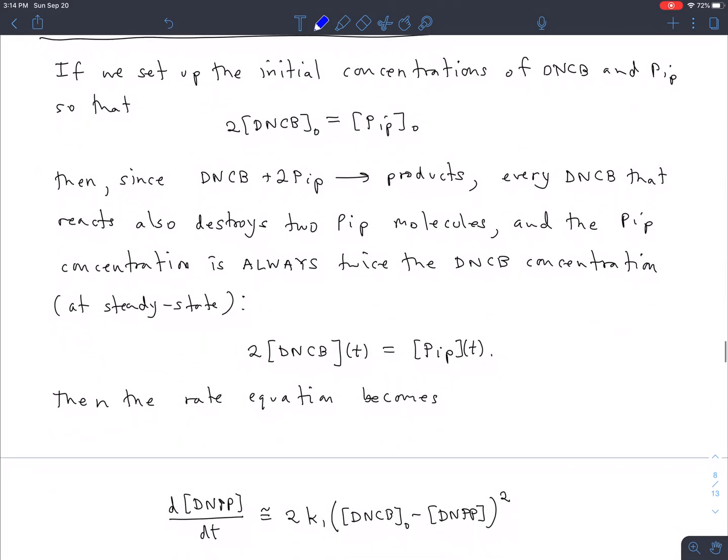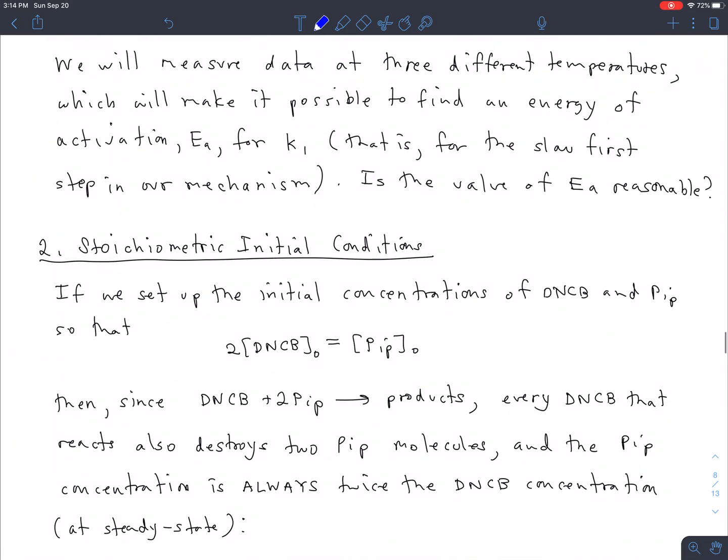All right, so the 3 conditions we're going to consider, I need to say at least this much in order to say why we're doing what we're doing this week, is first of all a set of conditions where one of the reactants is at twice the concentration of the other one. DNCB is one of the 2 reactants that react to form the yellow stuff.